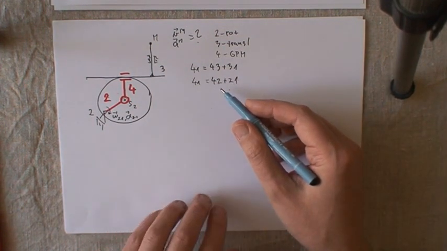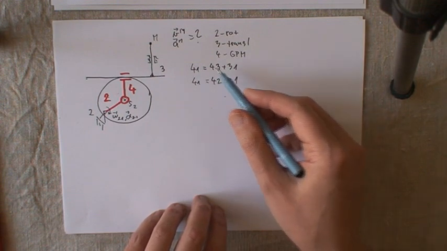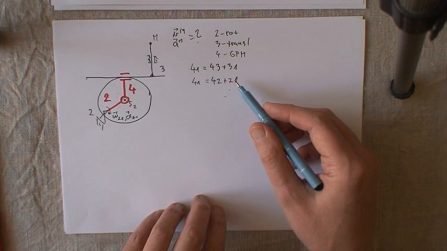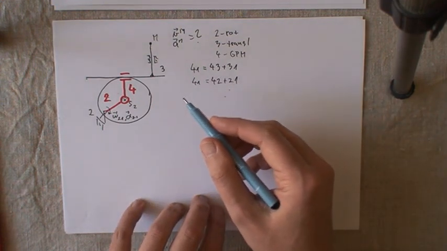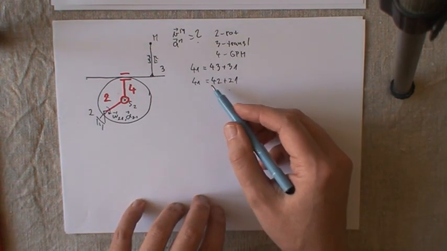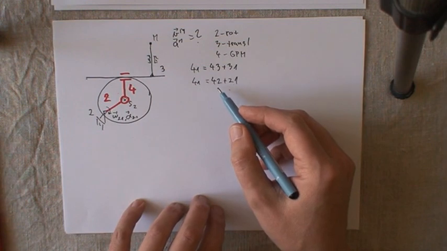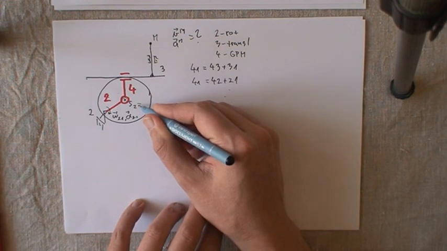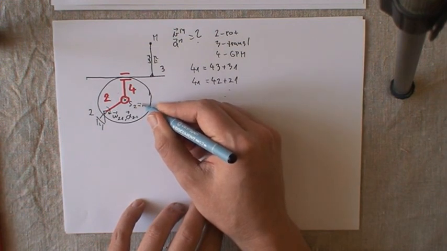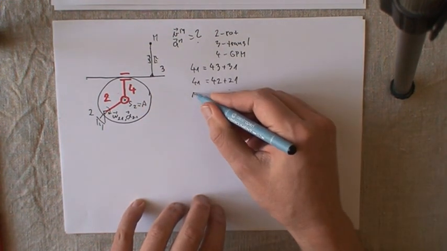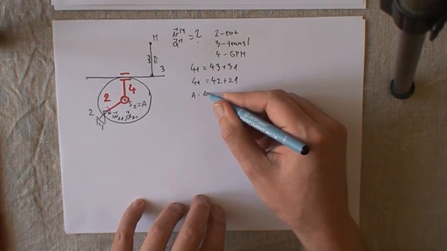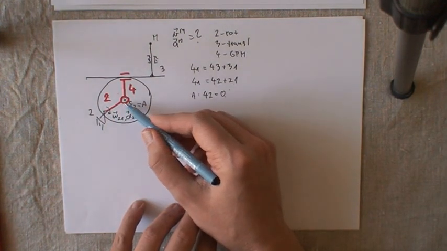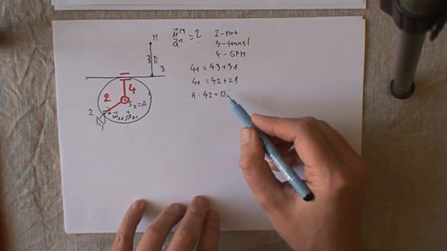Now all we have to do is find out a point where we will actually solve these symbolic equations, and the one point that has certain relative motion equal to 0 is this point. Let's call this point, for example, A. So in point A, 4 2 is equal to 0 because there is no relative motion between 4 and 2.